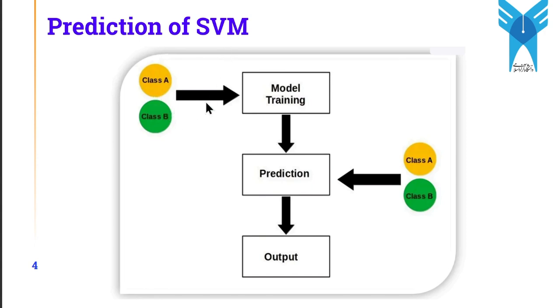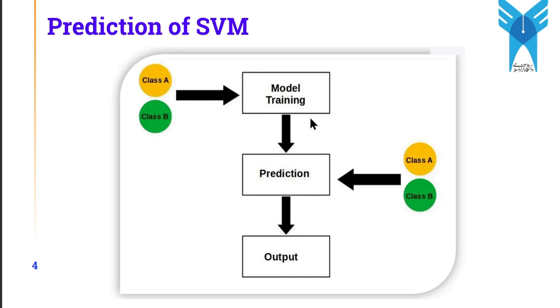You might ask me, Masood, how does it work? We have initial classification, where the training data is divided into two distinct groups. In this example, we have class A and class B. Then we go to model training.